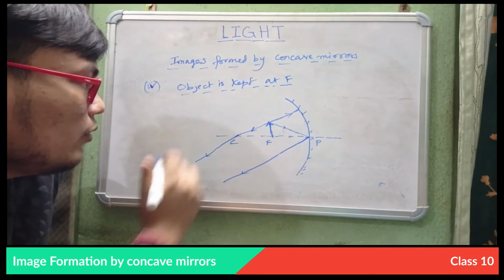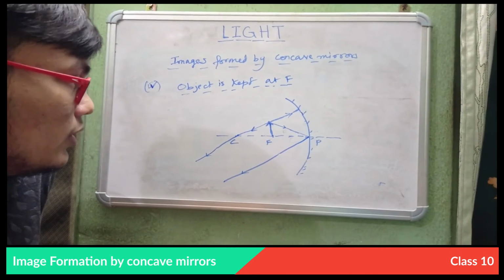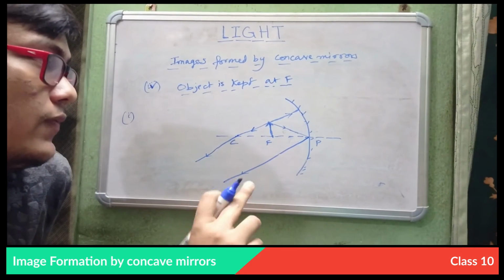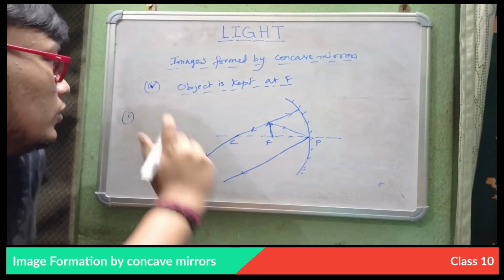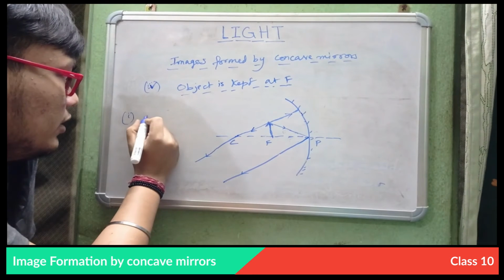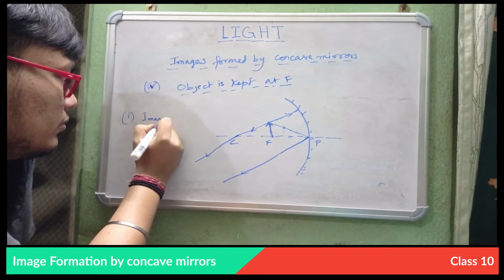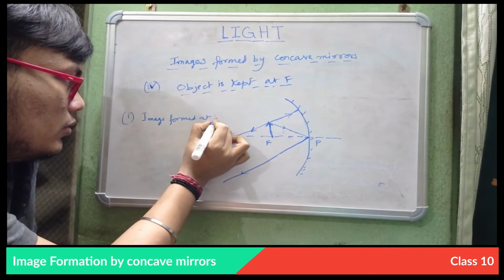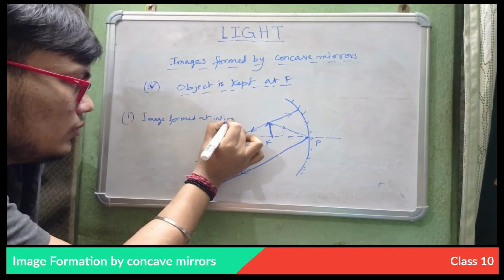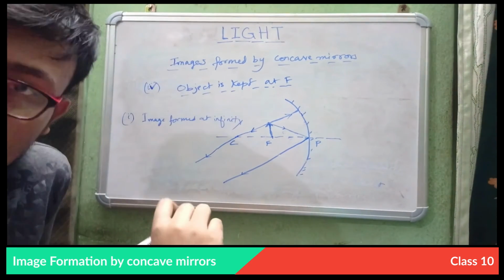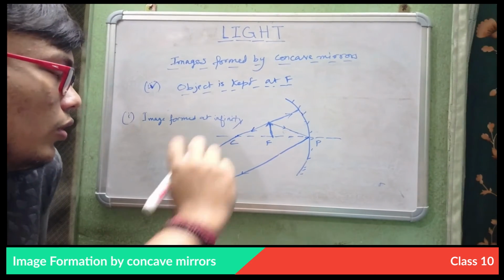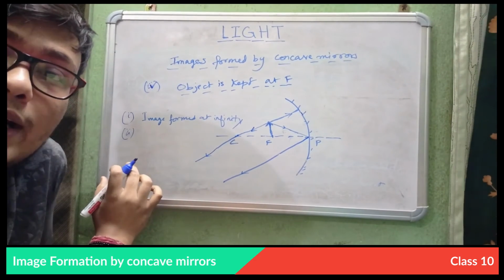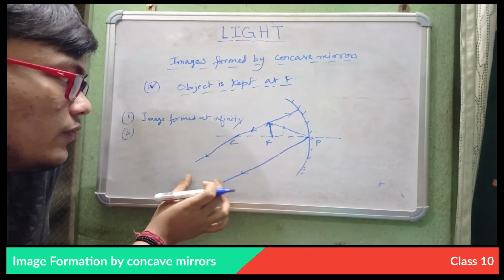What we can observe is that when the object is at F, the image is formed at infinity. Also the image will be highly enlarged, as it is formed at infinity.